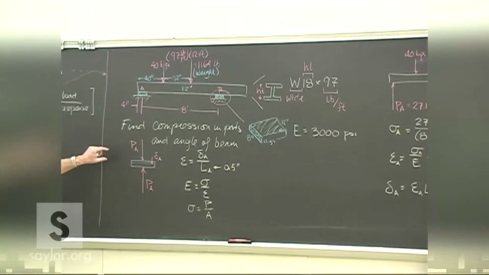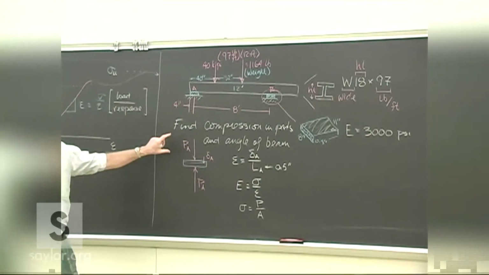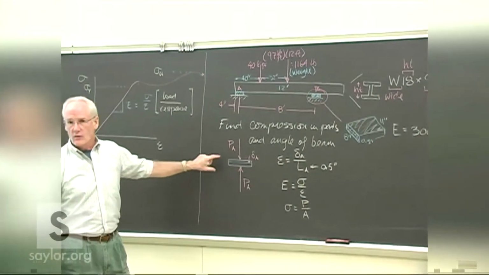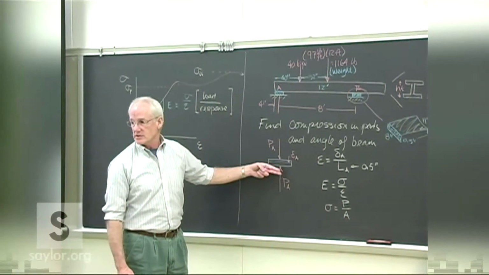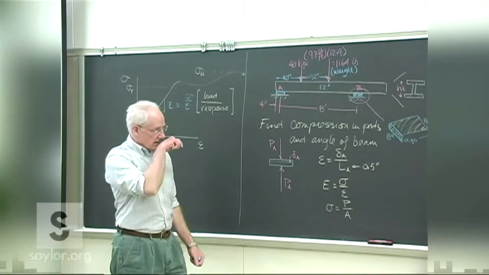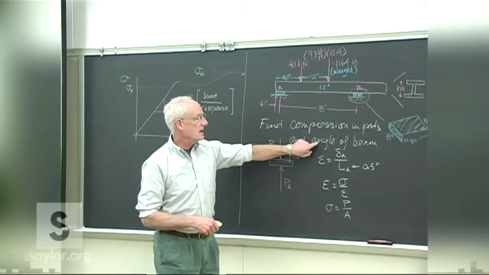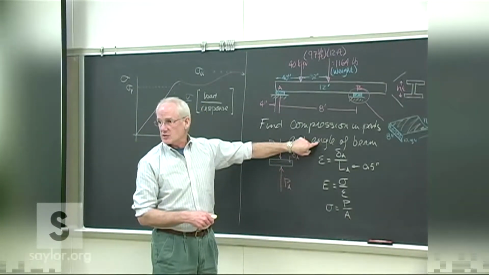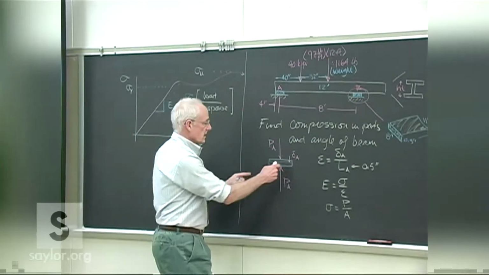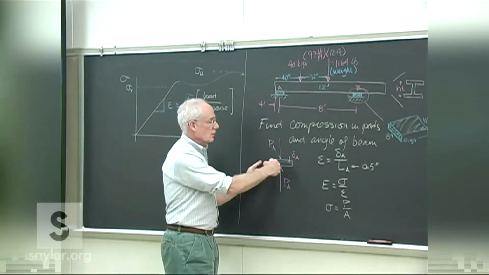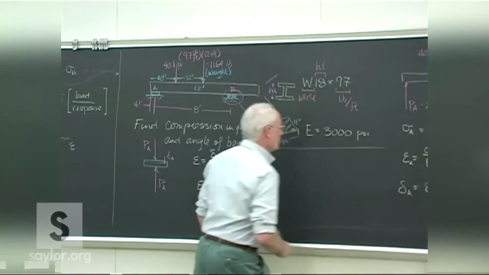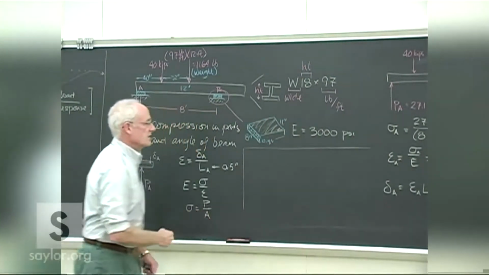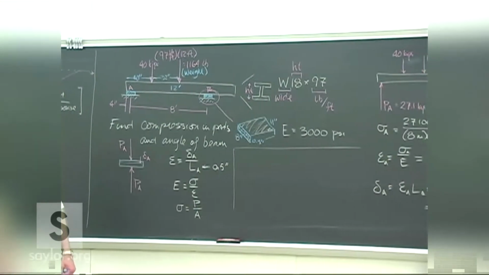Now this is assuming that the compression is uniform over the bearing pad, that the beam stays level, which is a bit of an assumption, especially since we're admitting that we expect the beam to actually be at an angle, which would cause a little bit different compression on one side of the pad than on the other. And you're able to look at that once you finish the whole business.